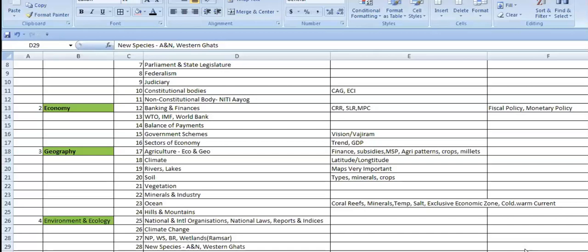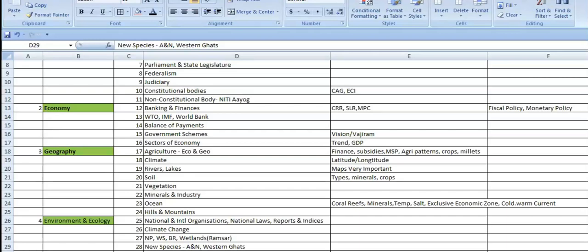But when there is Western Ghats also in the options, then you have to go for 50-50. These two are very, very important when it comes to new species. And if there is Western Ghats and no Andaman Nicobar in the options, go to the Western Ghats. But when both options are present, then you have to use your mind a little bit.